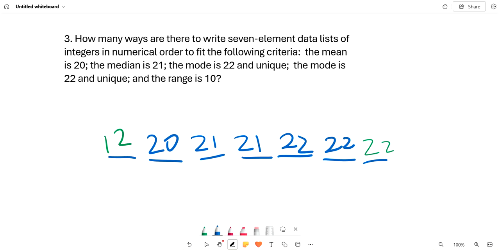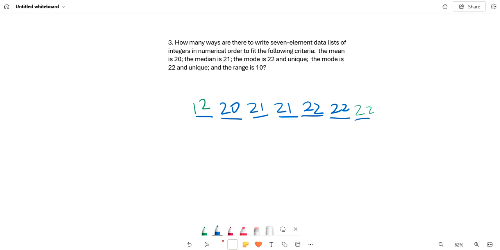And this would work because there's one mode of 22, the median is 21, the range is 10, and the mean is 20. So basically by this we can get that this works. So then we can move on to the next case.